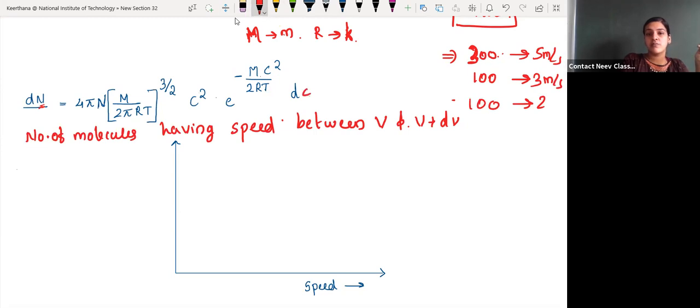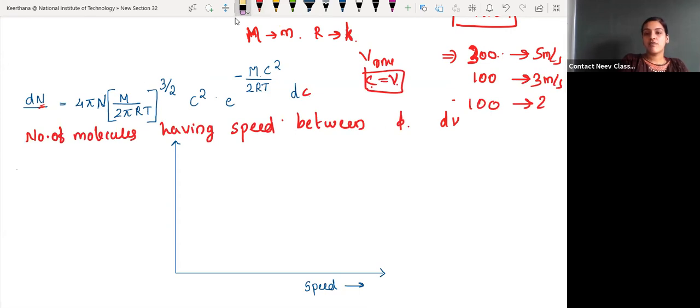This is simply the speed itself, like what we explained: Vrms, Vmp and V average are all speeds, and c is also speed. It's just another expression for v. Both c and v are the same.